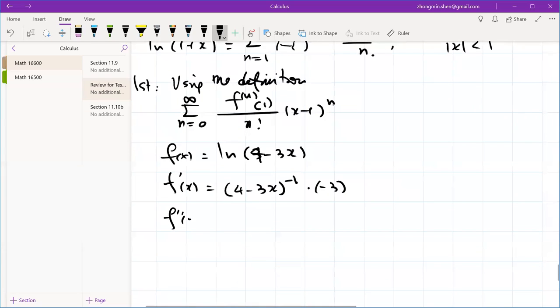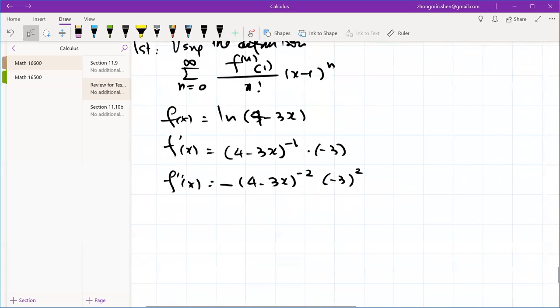The second derivative is going to be negative 4 minus 3x to the negative 2. Then I get another negative 3, so it's negative 3 squared. Okay, and you have to find a pattern to get a general formula. The third derivative: it's negative 1 here, then I get a negative 2, right? 4 minus 3x to the negative 3. Then I get another negative 3.